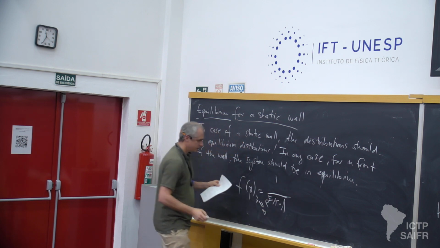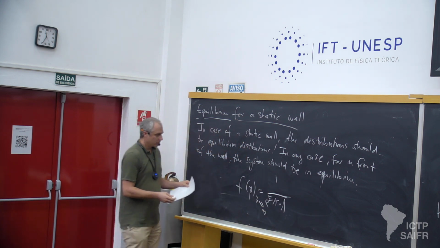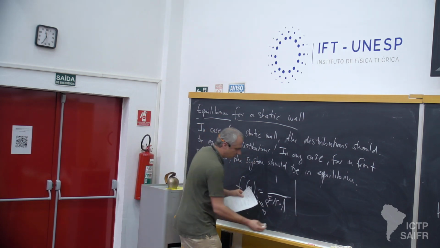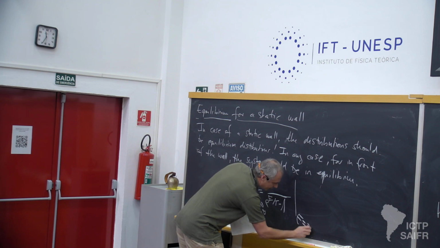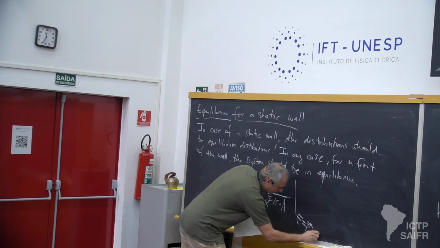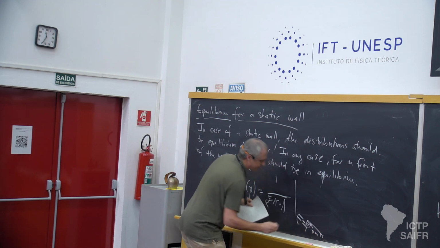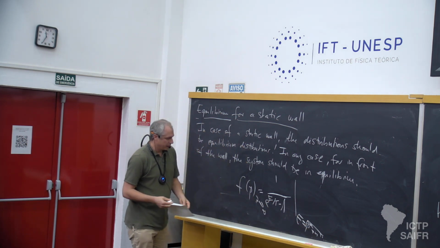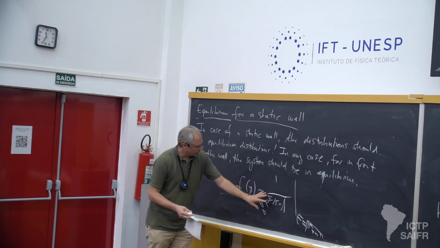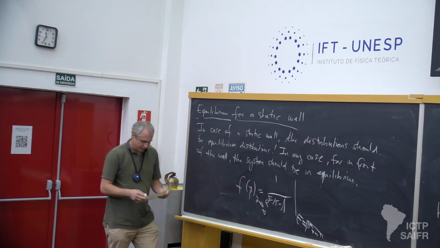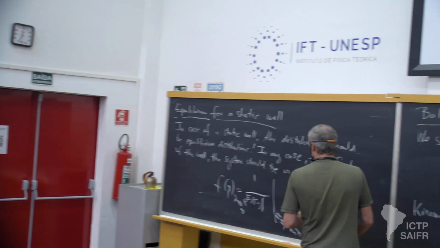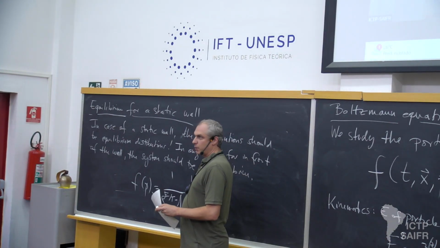Voila. Okay, and by energy, we want to write this as a function of the momentum. So the energy is evaluated at the square root of p squared plus m squared, right? And this would be the m squared far in front of the wall, which would in principle be 0, but we want to take this as a generalization of that, right? So the question is now, will this guy fulfill the Boltzmann equation or not, right?